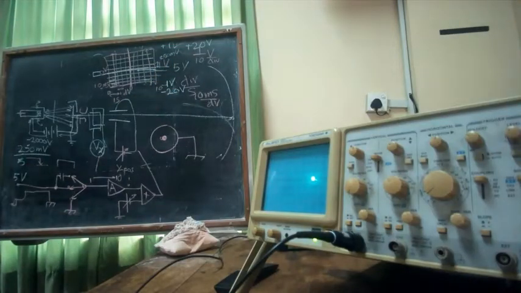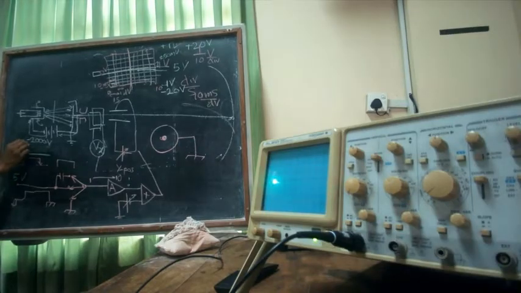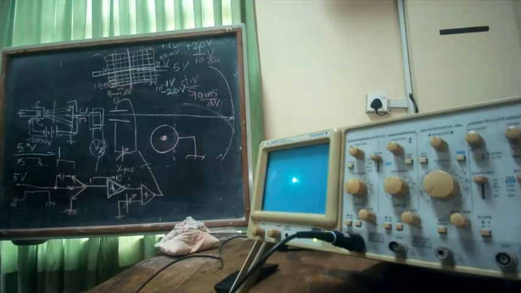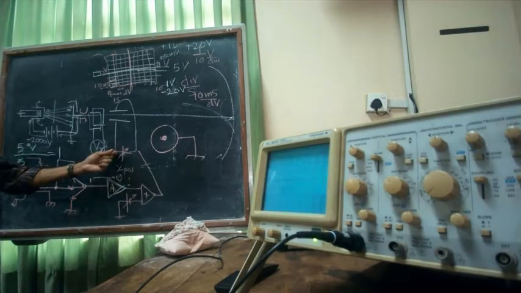Correct? So in which case, all we will be doing is 5 volts divided by 5 volts. So the gain will be 1. So the gain of this amplifier I set to 1. I just directly connect it to my Y plate.